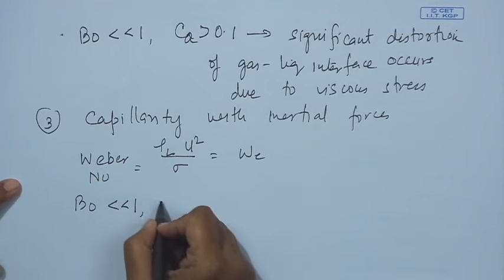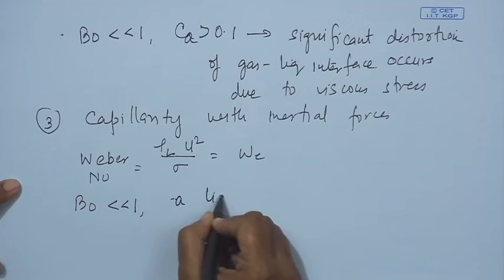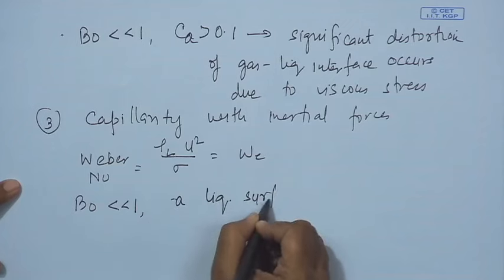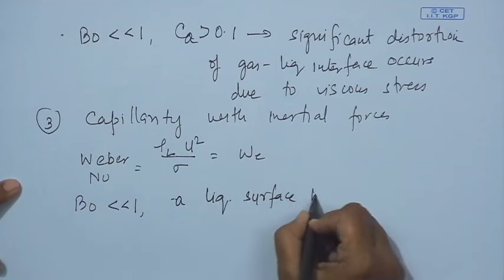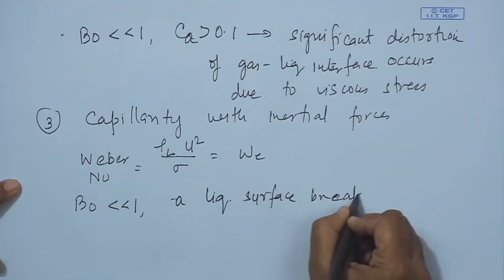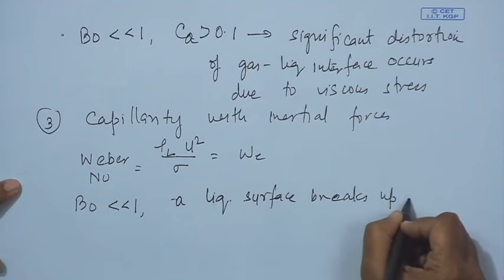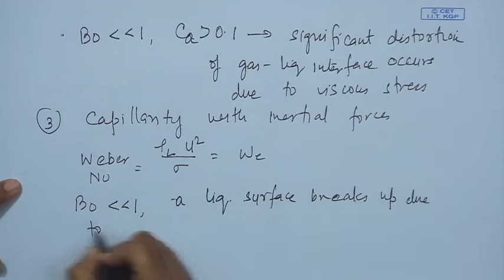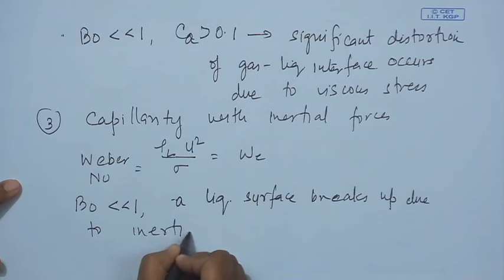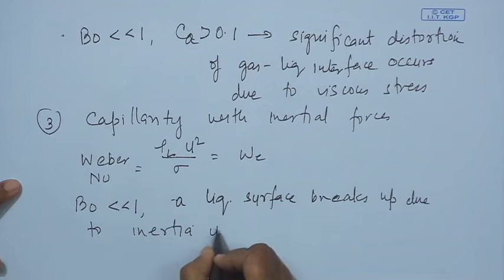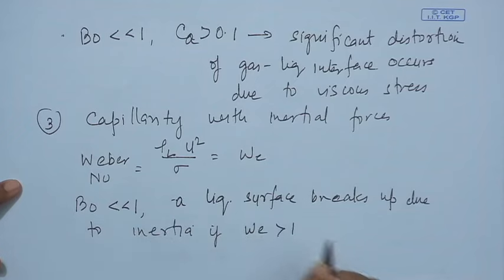So, for small Bond number systems, a liquid surface breaks up due to inertia if Weber number is greater than 1.